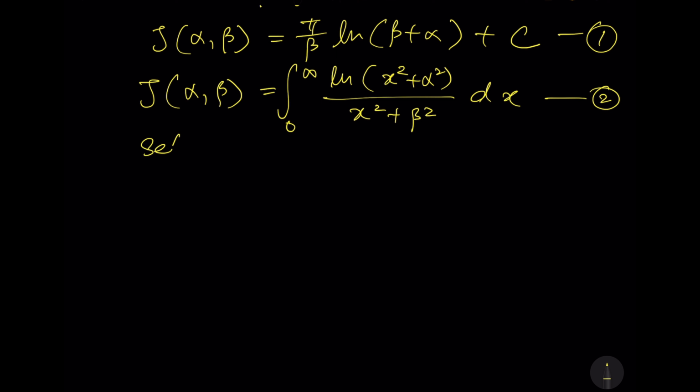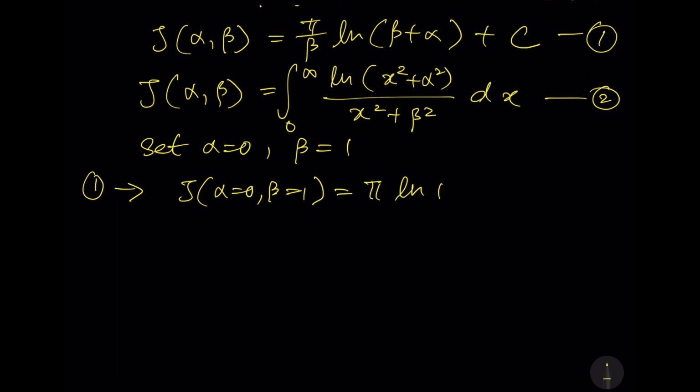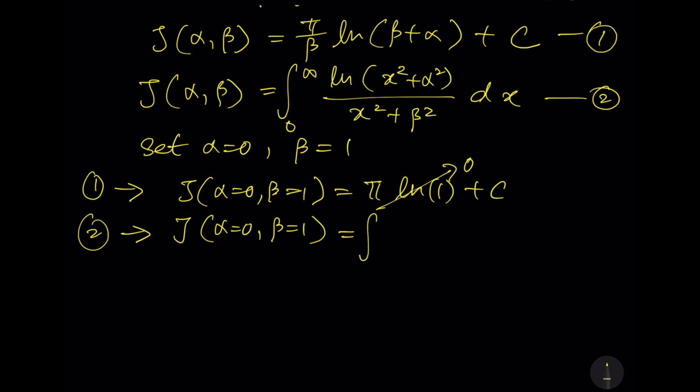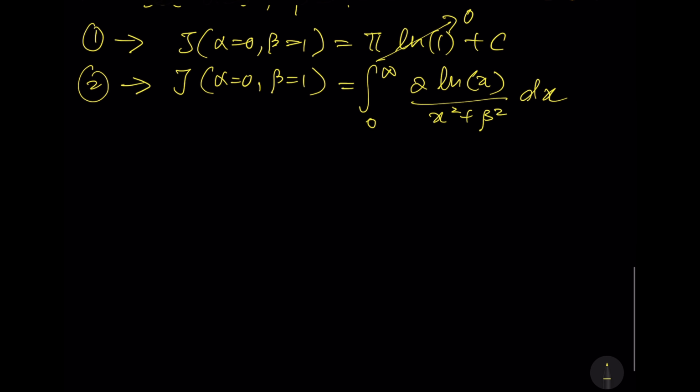We can set alpha equals 0 and beta equals 1. Therefore, equation 1 gives us J of alpha, beta equals pi multiplied by natural log 1 plus constant C. Meanwhile, equation 2 gives us J of alpha, beta equals the integral from 0 to infinity of 2 natural log x divided by (x squared plus beta squared) dx, where beta equals 1.